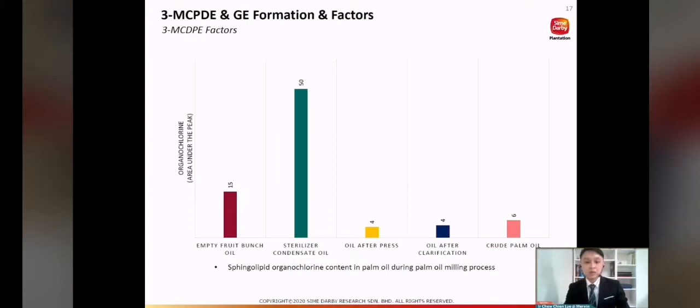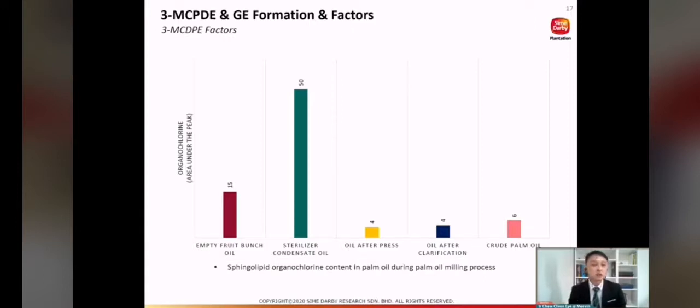One of my colleagues did some study on the sphingolipid organochlorine content in the palm oils. We did some mapping on these organochlorine contents, and you can see that the sterilizer condensate and EFB bunch liquor contain the highest sphingolipid organochlorine contents, and it was low for other processes.